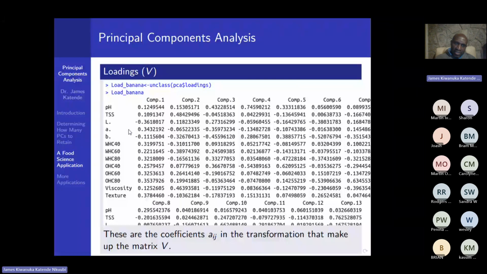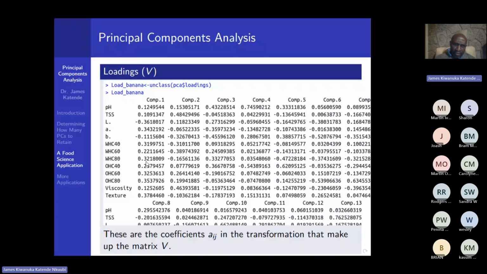So you can see where heavily maybe would be something like 0.3 or higher. So this first principal component doesn't seem to favor any variables explicitly because if you look at texture, it's 0.3. The oil holding capacities are all about 0.3 roughly.